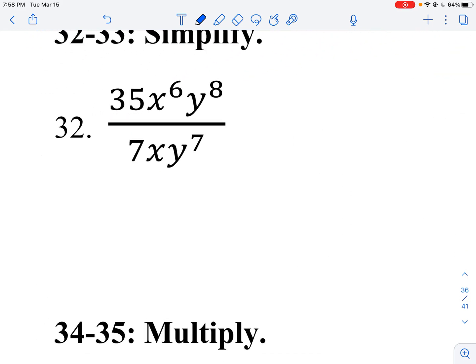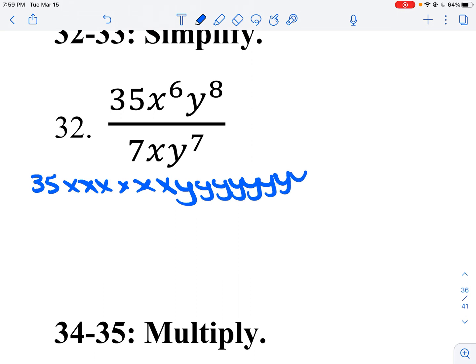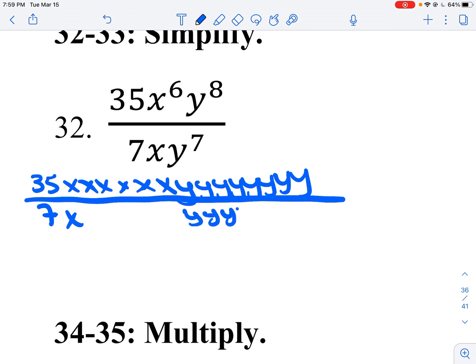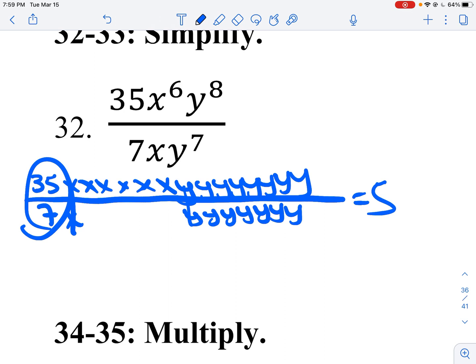So this one, I have 35, 1, 2, 3, 4, 5, 6, 2, 3, 4, 5, 6, 7, 8 over 7x 1, 2, 3, 4, 5, 6, 7 cancels. This right here turns to a 5.